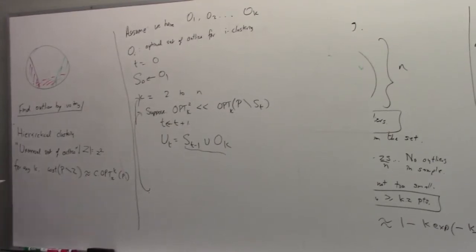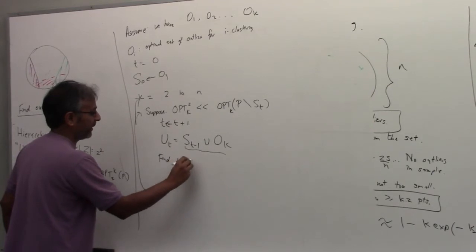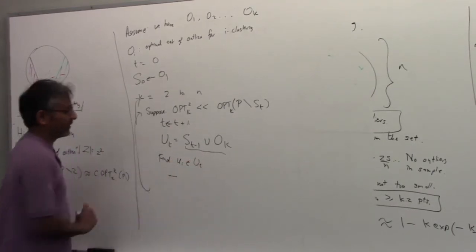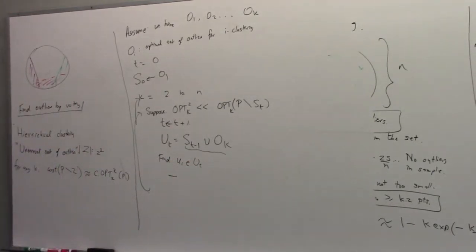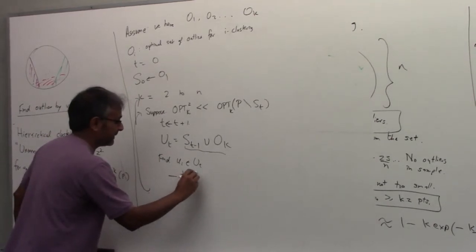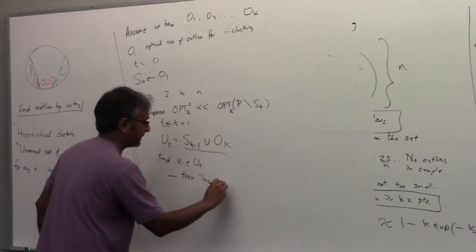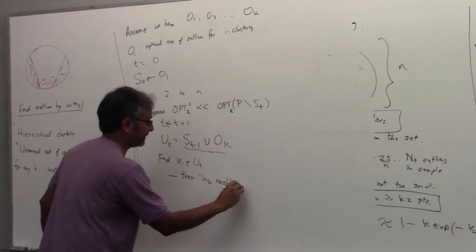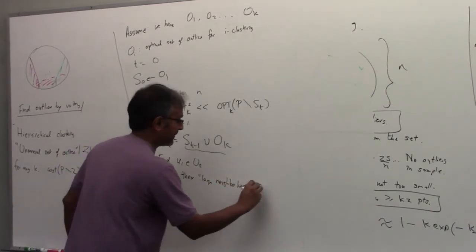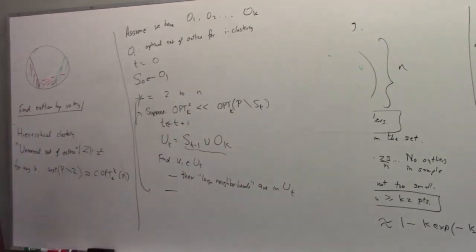We're going to look at all points. We're going to find all UI belonging to this UT that satisfy two conditions, just like before. First of all, their large neighborhoods are in U. And I'll explain what this means.